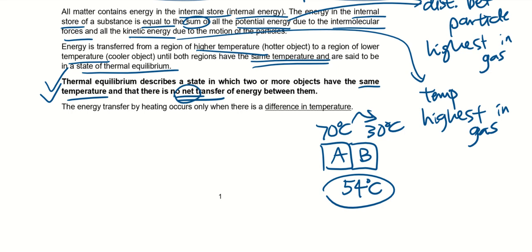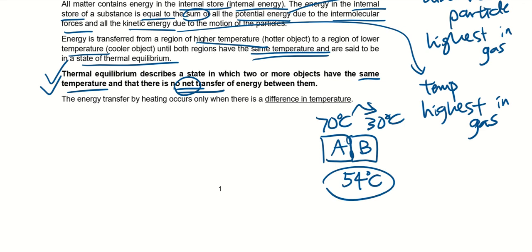No net transfer means like your net force, nothing, no more transfer. But in between, there could be some from A to B, some from B to A, because different spots may not have the same temperature, right? But overall, there is no longer a transfer of thermal energy between them.